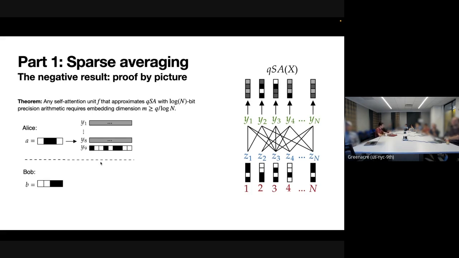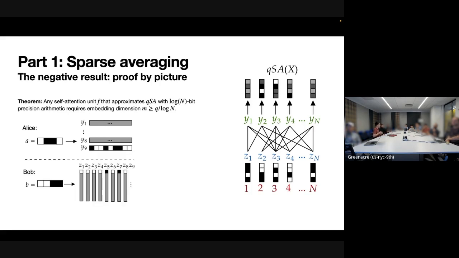My first input is 0, so I want to average the first input. The second is 1, so I want to average the 4th. The third is 1, so I want to average the 6th. And the 4th is 0, so I want to average the 7th. So there's a clear one-to-one mapping right here.